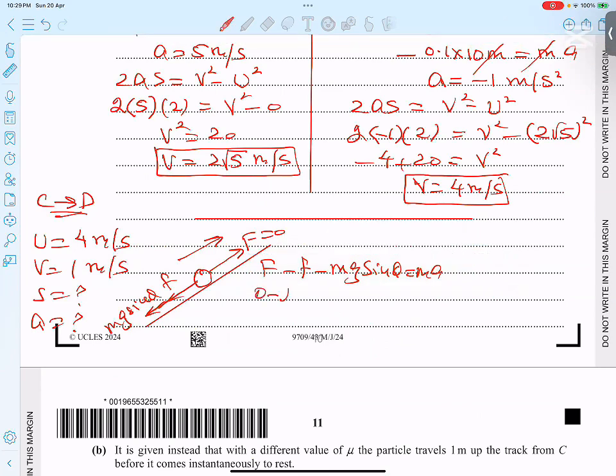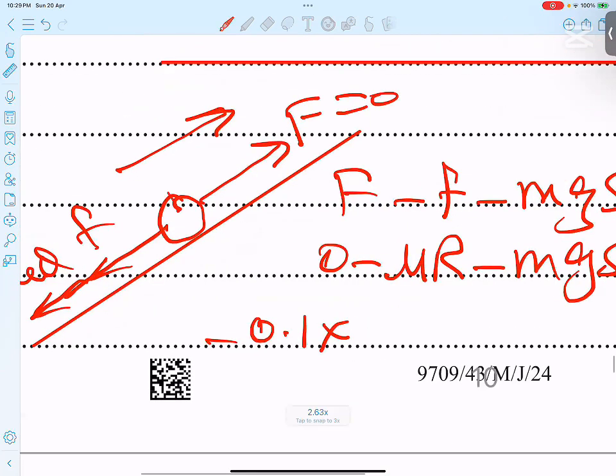Friction is mu R. And mu is 0.1. And what is R? Very interesting. This capital R is mg cos theta.